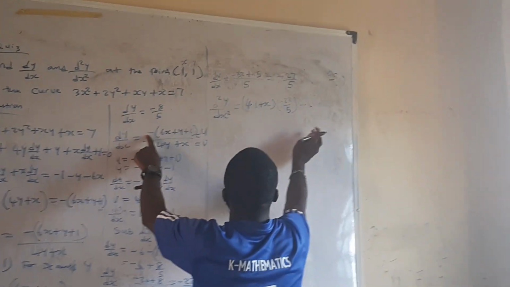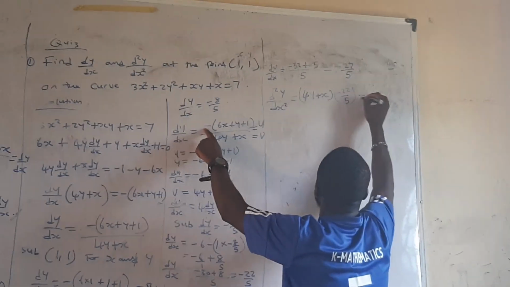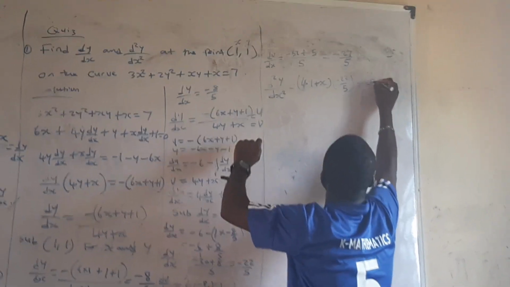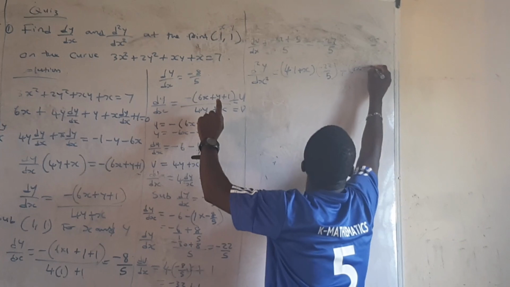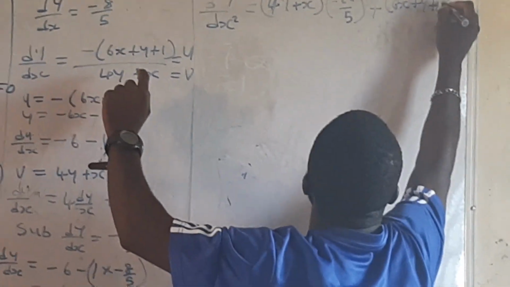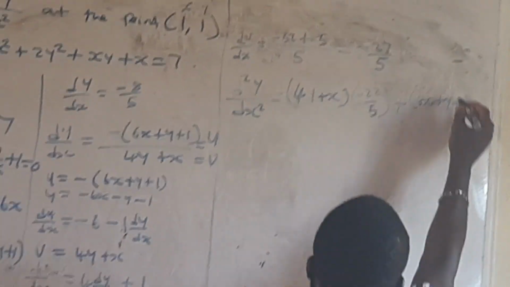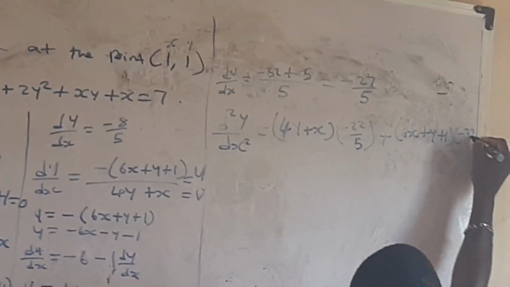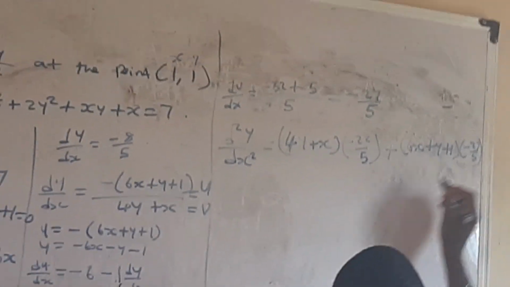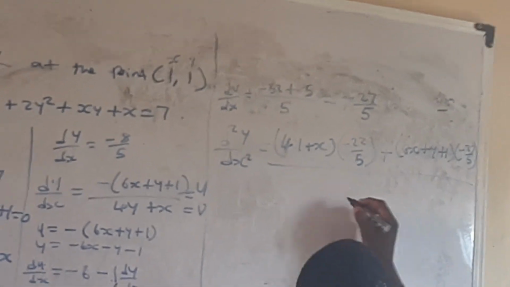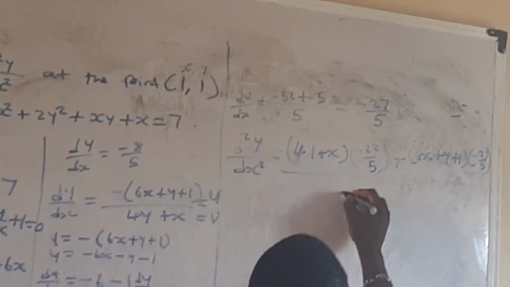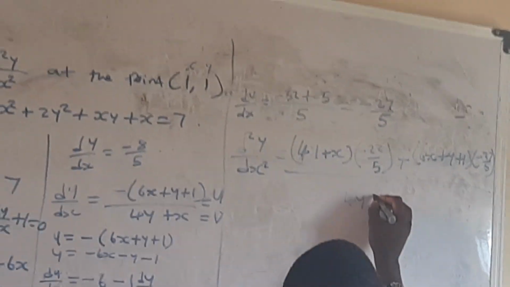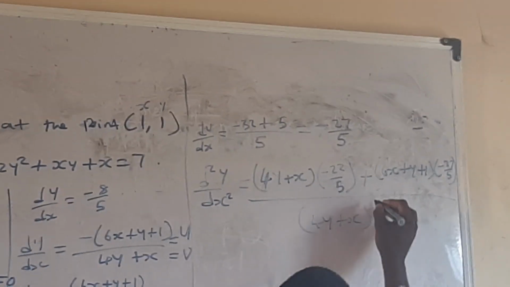There's a minus outside, that minus times this one, we turn this one to plus: plus (6x plus y plus 1) dv/dx, that's minus 27 over 5. You close your bracket, all over v squared. v squared, that's v is (4y plus x) all squared.